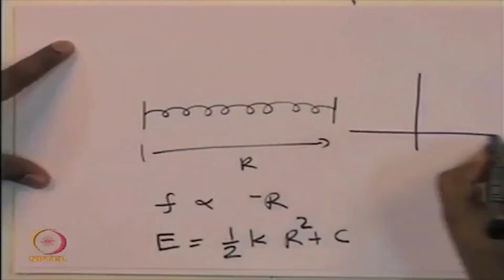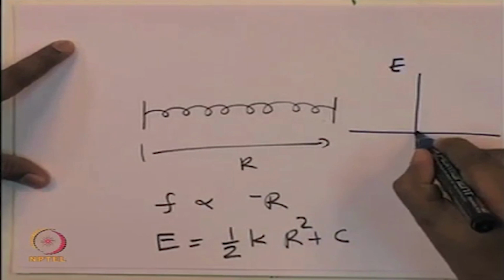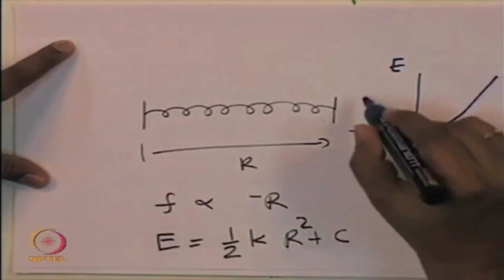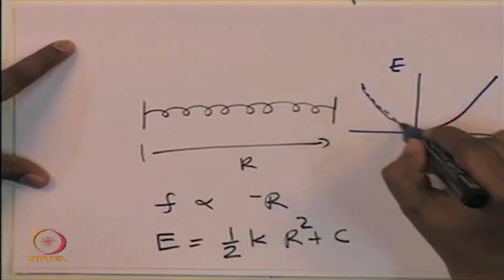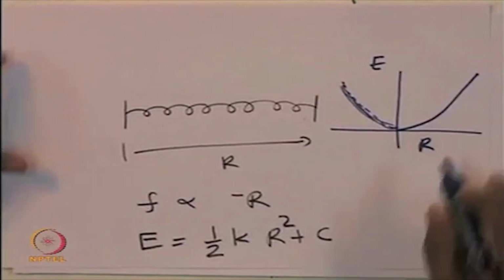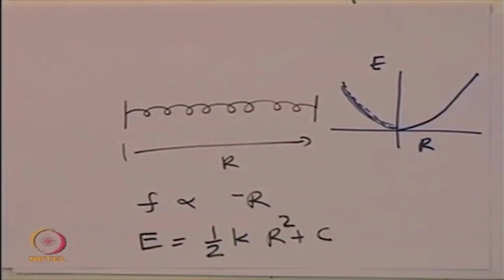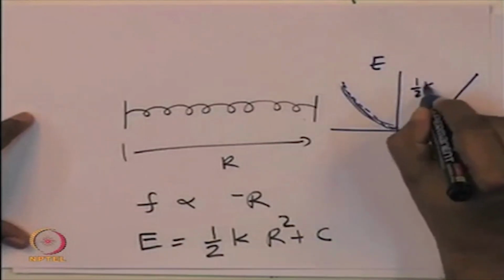So now let us quickly plot this and get a feeling for this plot. Let us plot energy versus r. So you will get a parabola, half kr square. I am not plotting the left hand side because in this case r is only positive for a spring.